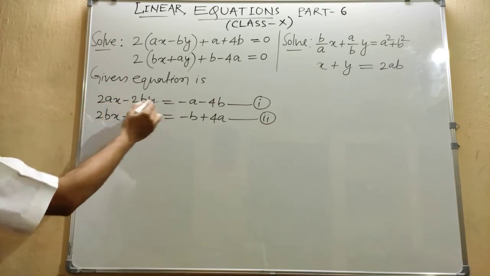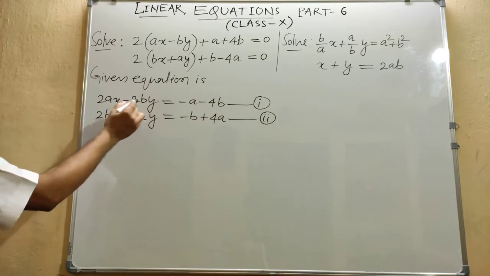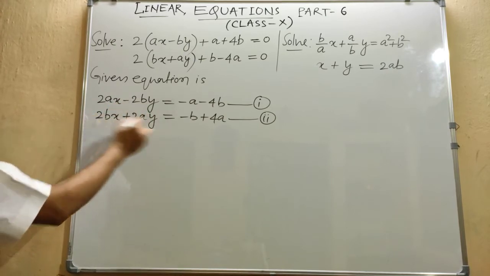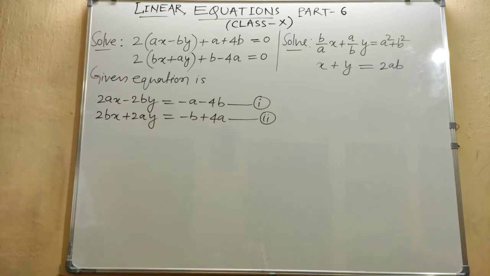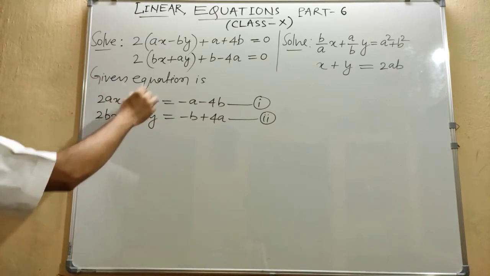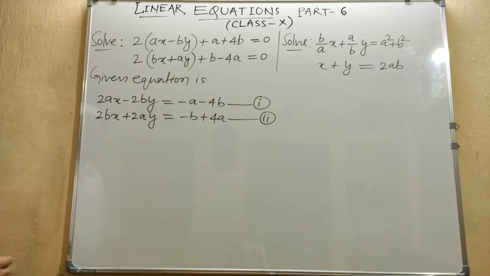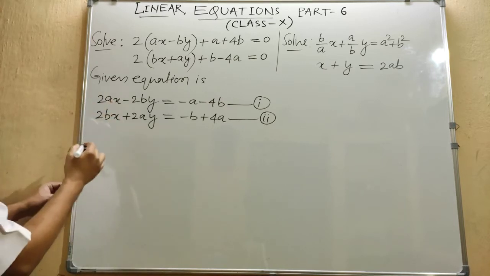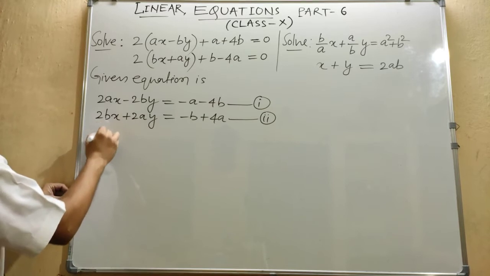If you multiply this equation by a, it becomes 2ab, and if you multiply this equation by b, it becomes 2ab. Then by adding, the term containing y can be cancelled, then x will come from there. So what will you do?